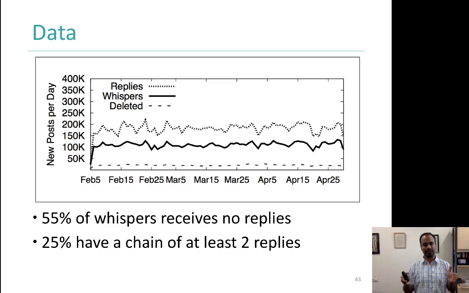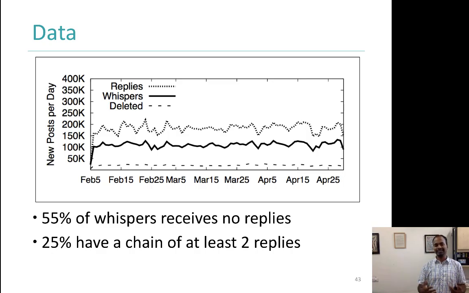That's where they collected the data. The y-axis is the number of posts per day, and they look at 3 different types of posts. One is whispers, the original content that is getting generated. One is replies, which is how many replies are being posted for a particular whisper, and there's also the third category of whispers being deleted.